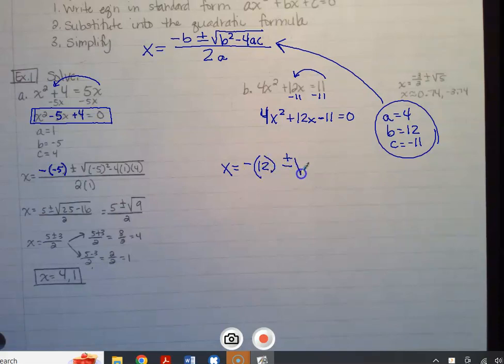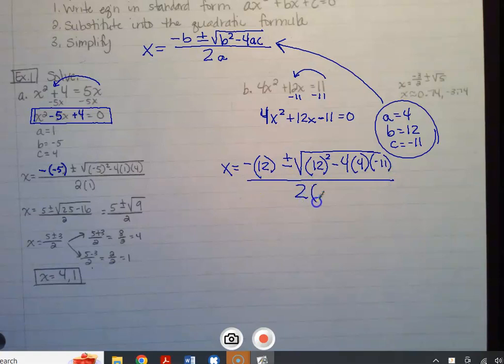Plus or minus the square root of b, so b is 12, squared, minus 4 times a, which is 4, times c, which is negative 11, all divided by 2 times a, which is 4.